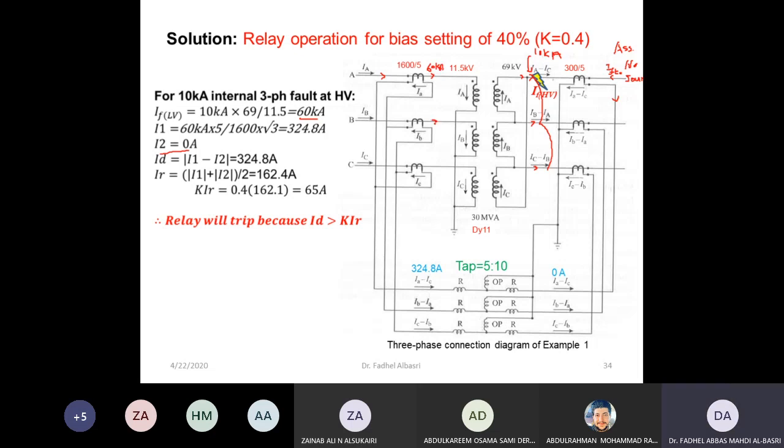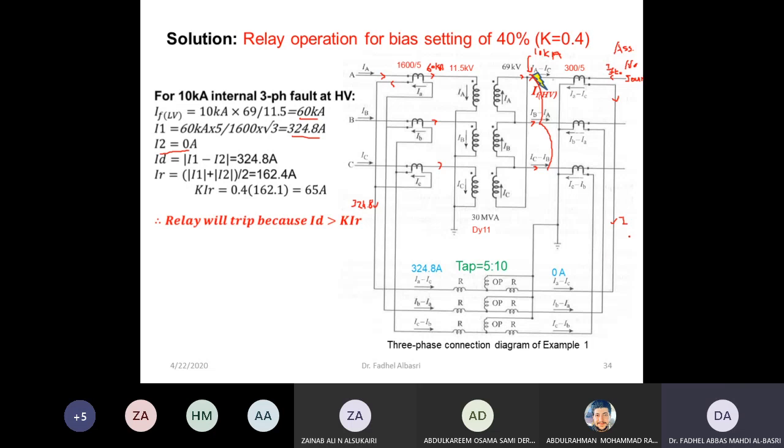Also, this is 60 kilo ampere. And now I would like to change this to the secondary side and multiply it by 3. So 60 over this times 0.3, I got this current, 324.8 ampere. But this current is 0.